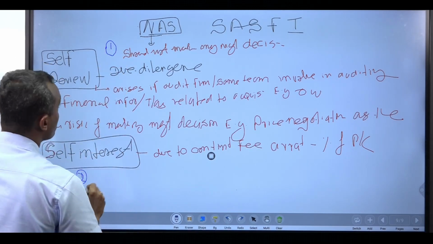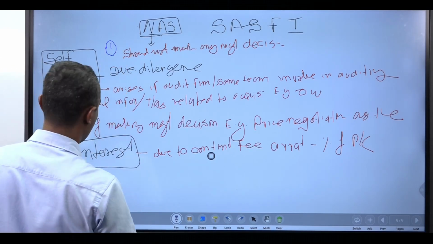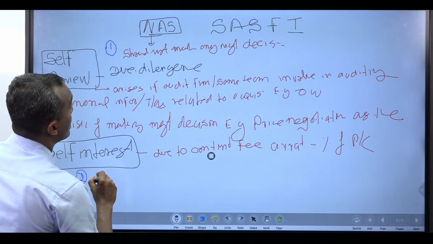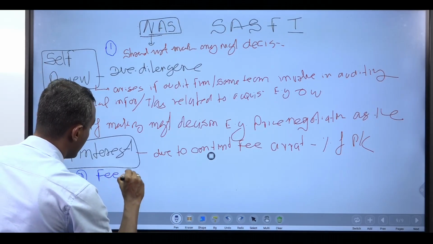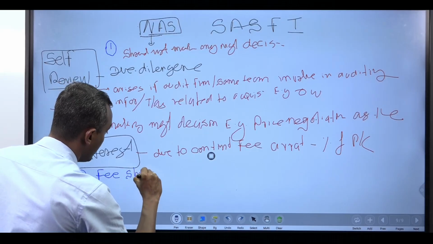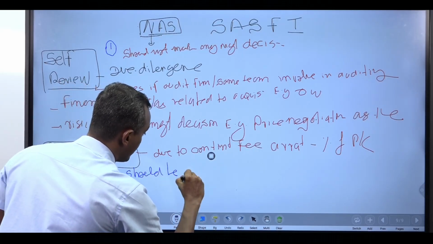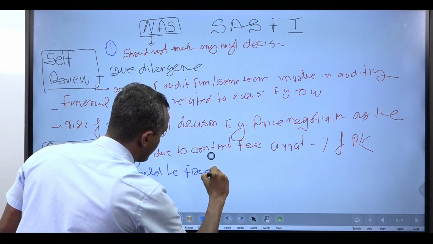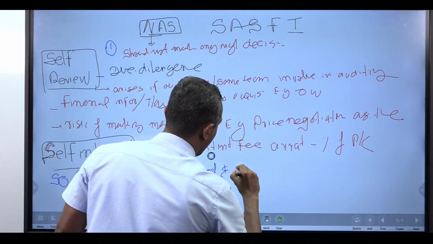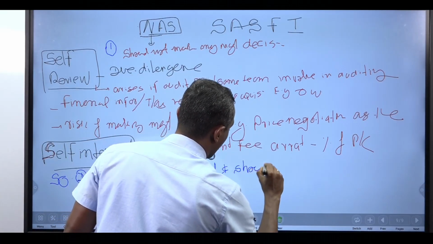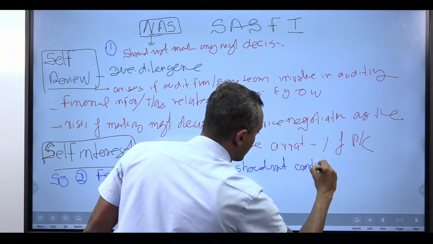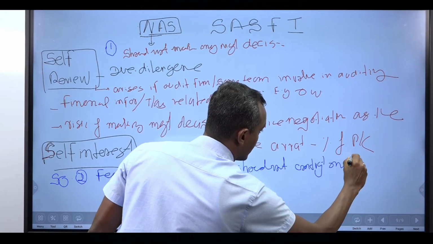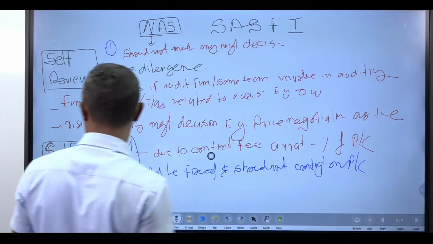Number two, the fee should not be contingent, the fee should be fixed and should not be contingent on purchase consideration.